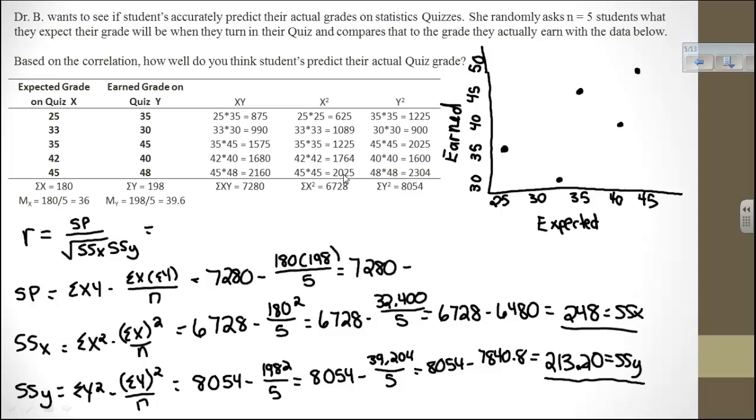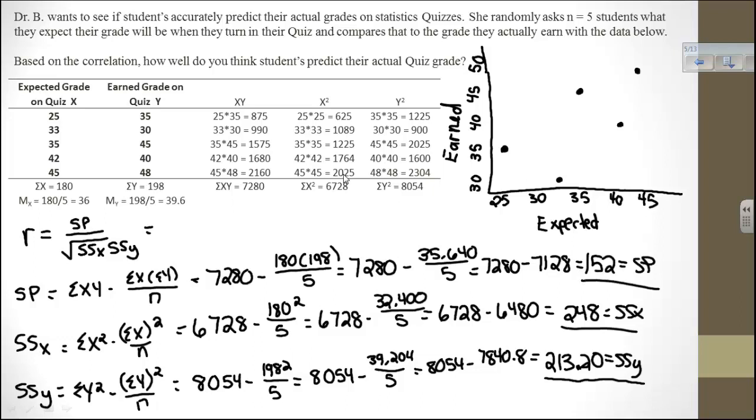So 7,280 minus 180 times 198, which gives you 35,640, divided by 5. So 35,640 divided by 5 gives you 7,128. Do some subtraction, and you end up with the sum of products. Oh, another whole number, 152.